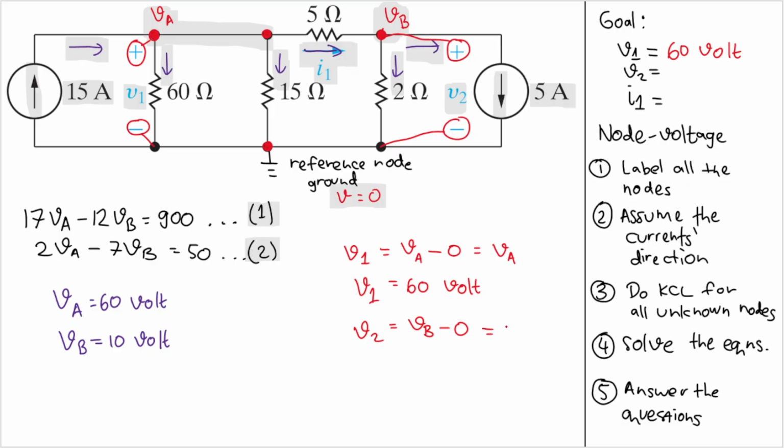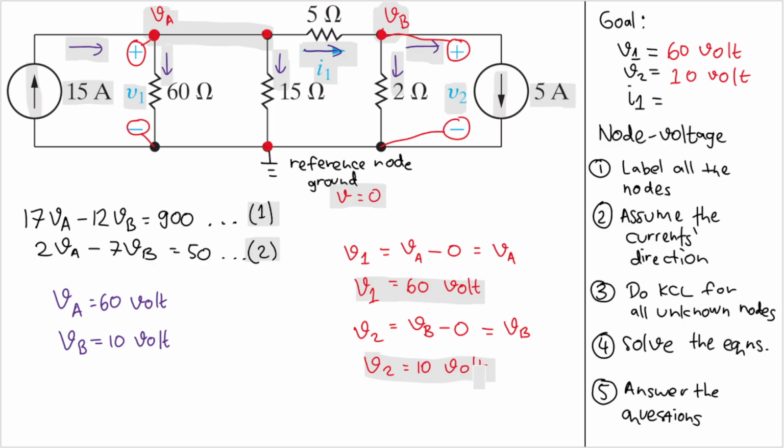And so I will have VB here. So we will have V2 is equal to 10 volt. Good, so that is our second value. I will have 10 volt here. So for the voltages, I got 60 volt and also 10 volt.